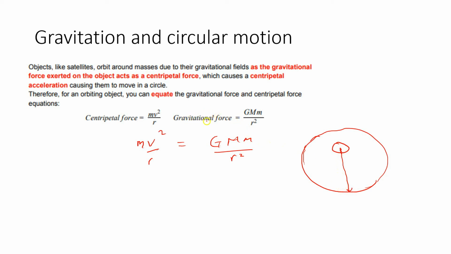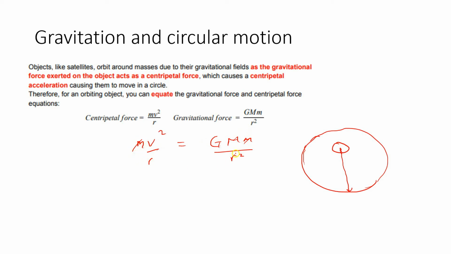And of course, we know that the gravitational force is equal to big G, which is your universal gravitational constant, times the mass of the object that is causing a gravitational field, times small m, which is the mass of the satellite in most cases, divided by r squared. So if we equate both of those, these two m's would cancel out.